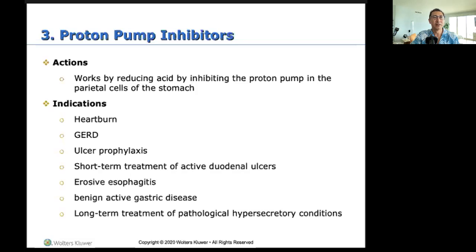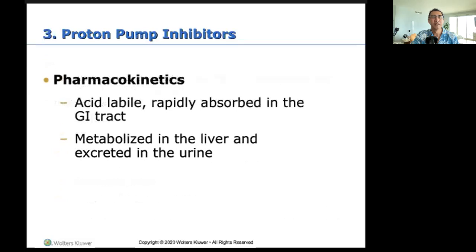Next, erosive esophagitis, benign active gastric disease, and long-term treatment of hypersecretory conditions. PPI acid is labile, rapidly absorbed in the GI tract, metabolized in the liver and excreted in urine.